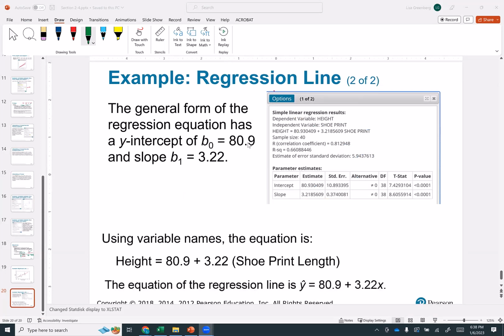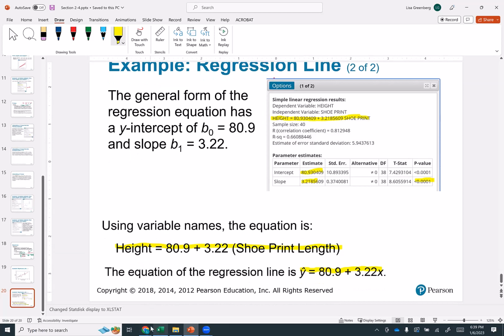They rounded it a little more than I did, and a slope of 3.22. Intercept, slope, notice, small p-value. And we can write the equation of the regression line as y hat equals 80.9 plus 3.22x.